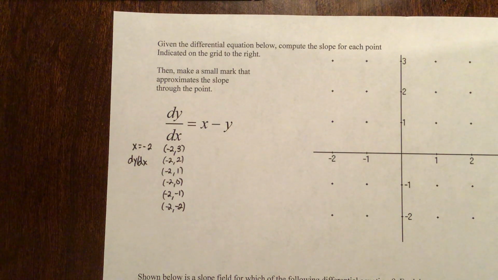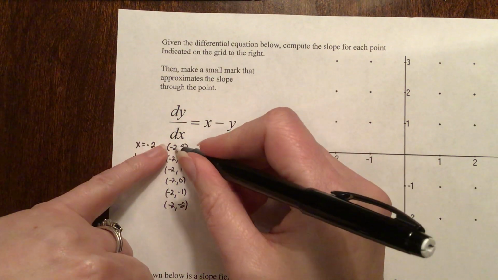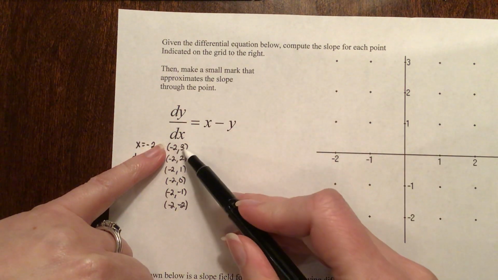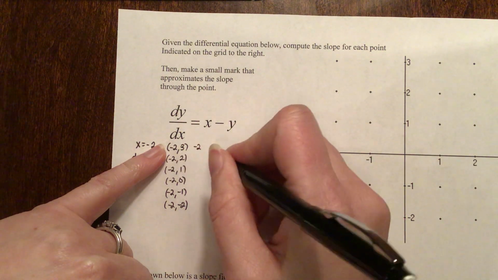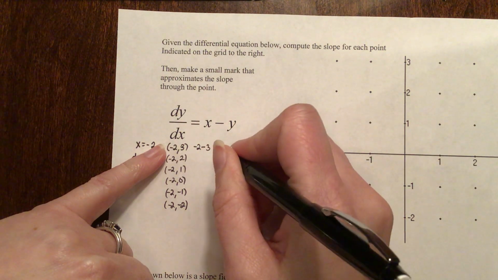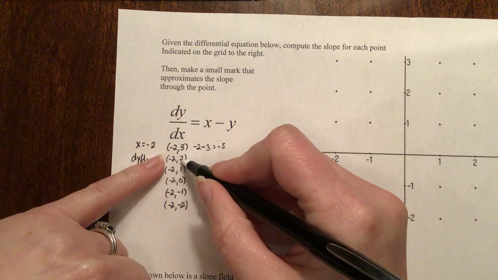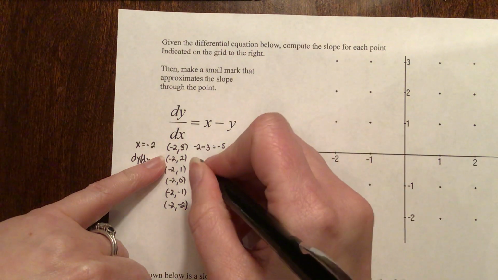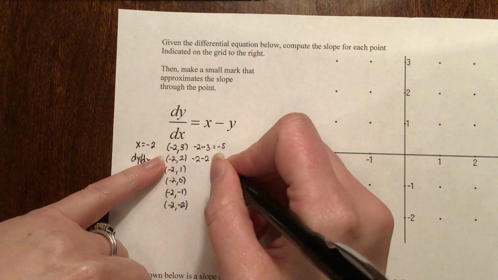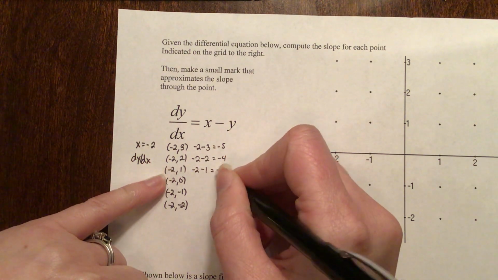Okay, dy/dx equals what? So we're going to plug in -2 for x and 3 for y. So this is -2 minus 3, which is -5. We expect that plugging in a different y value will give us a different number because y is in our equation this time. -2 minus 2 is -4. Negative 2 minus 1 is negative 3.